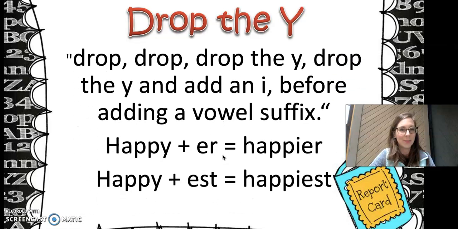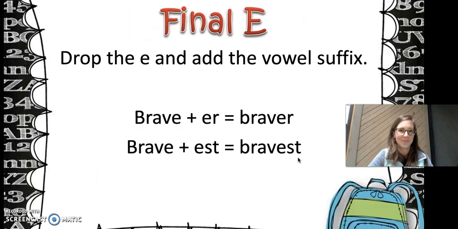Here's an example of dropping the Y. In the base word happy, it ends with a Y and it does have a consonant before. So we drop the Y and change it to an I before we add ER and EST. And then finally, when you have a base word that has a long vowel with a magic E, like in this one, brave, we drop that E and then add our ending.